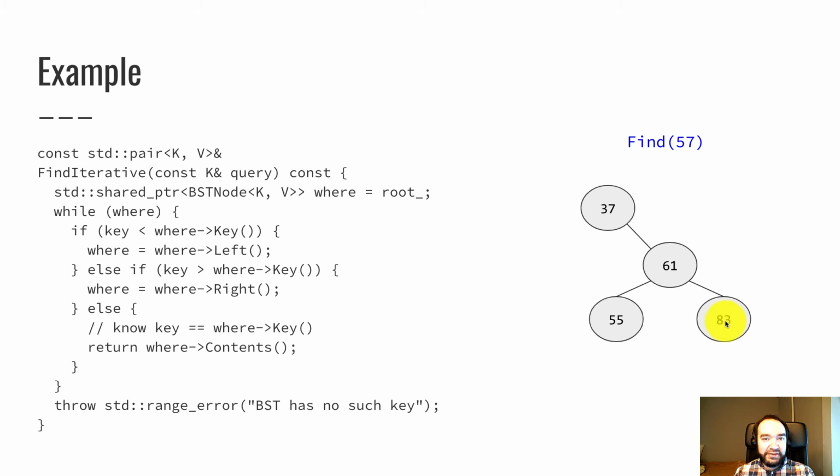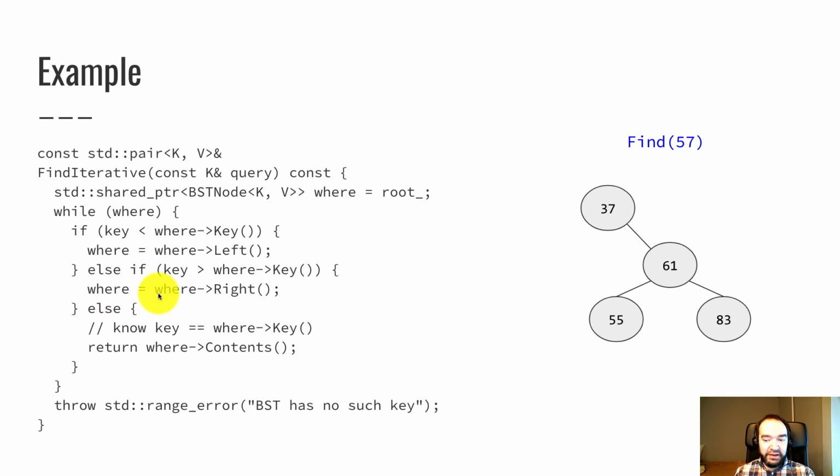Let's say we do the 57 example. So the same kind of thing happens. Where is initialized to point to 37, and the loop iterates. We would be in the greater than case, so where gets reassigned to point at 61. The loop repeats again. 57 is less than 61, so this first if is triggered, and where is reassigned to point at 55.